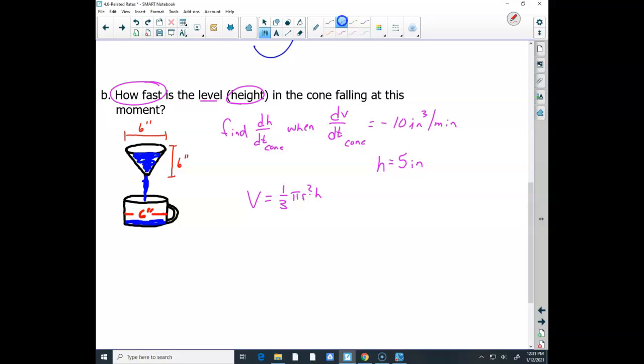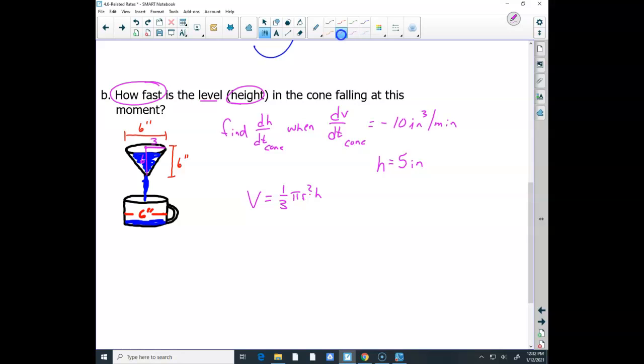But because this is a cone, what I'm going to do is break it apart. Here is the radius. The radius of my cone is 3 inches, and I really shouldn't call it a cone because the top is cut off, so it's more of a funnel, and I know the height is going to be 6.